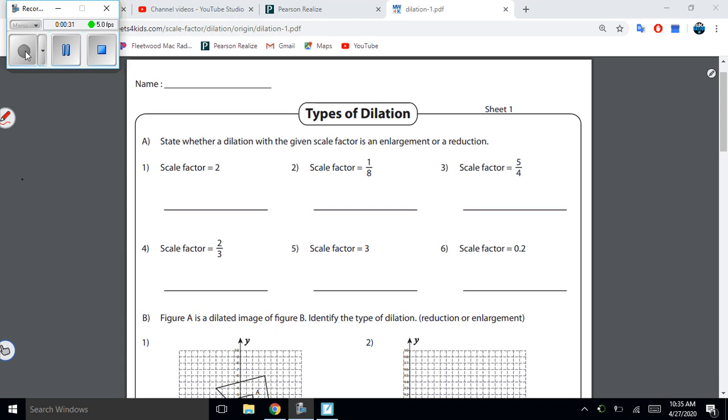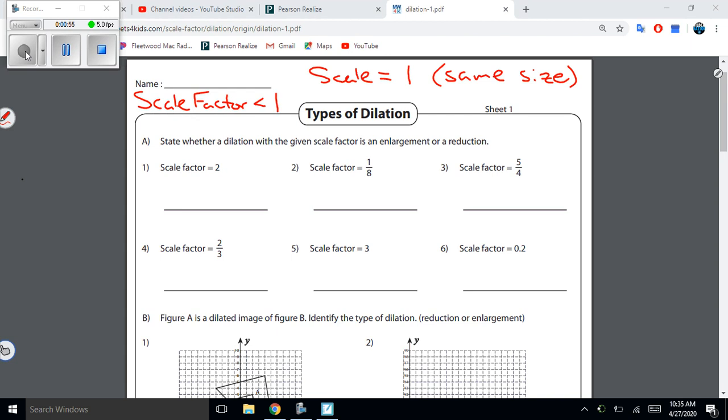So couple things that you want to remember. If the scale factor is equal to 1, then it stays the same size. In other words, it's congruent. So that would have been regarding last chapter, really. If the scale factor is less than 1, then that means it's going to shrink.